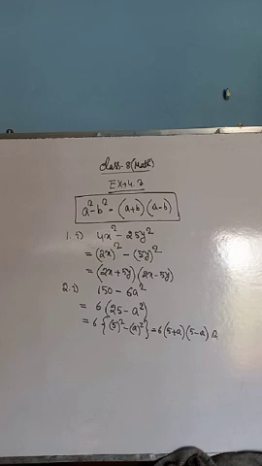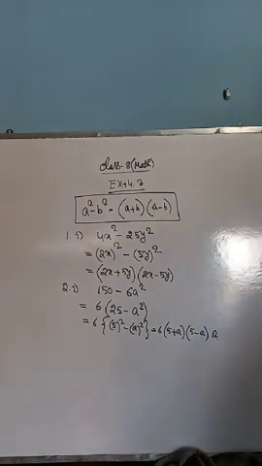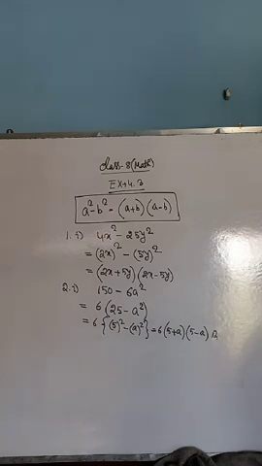Understood? So previously I have already told how you can solve this part. First of all, take the common if it is possible. The first work is to take the common from there.